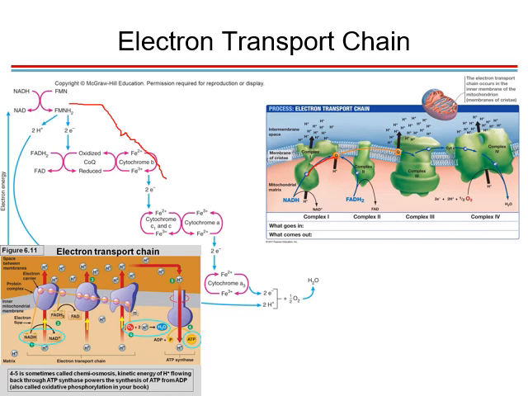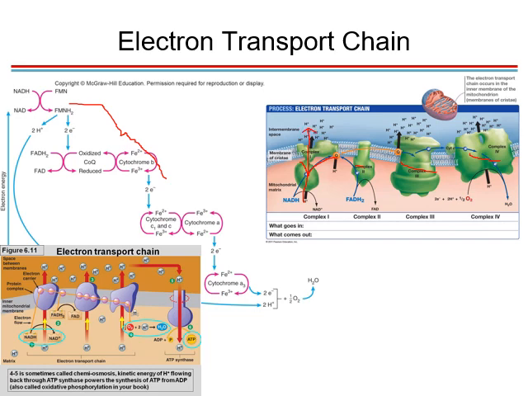So what is the energy being used to do? Look at this complex, not complex 2, but complex 3 and complex 4. The energy from the passing of the electrons is being used to pump protons.